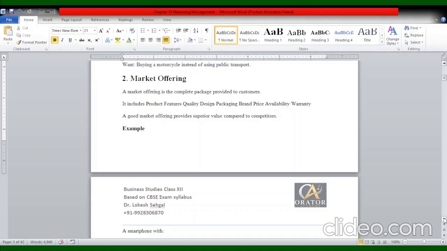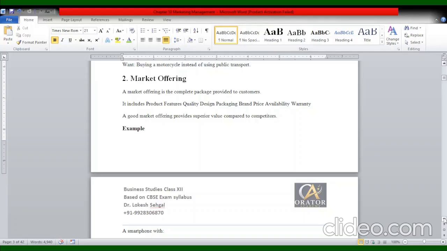It is packaged in a particular cardboard box which is suitable for it. It may be of a different brand, Lloyd, Samsung, and many other brands, and the price and availability. Price might be pasted on the cardboard box in which the AC is stored, and the warranty that you want to give to the customer. This is called your market offering.